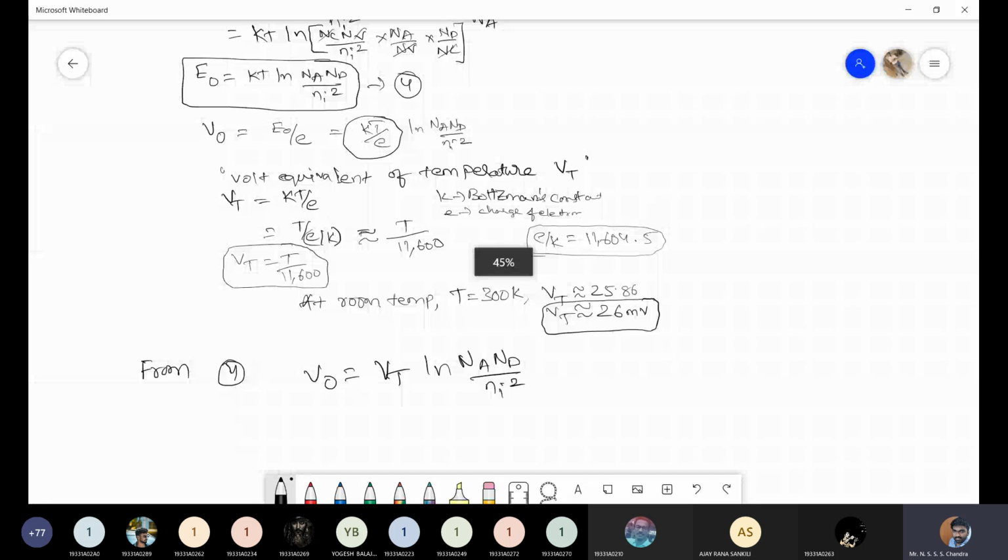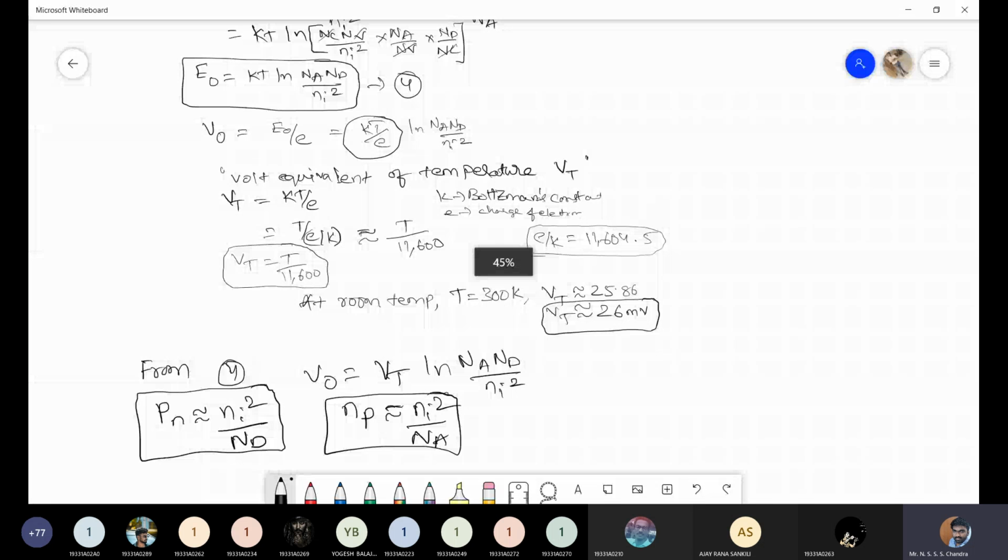In an n-type semiconductor, Pn is nearly equal to Ni square by Nd. So the number of holes on the n side is equal to Ni square by Nd. Similarly, the number of electrons on the p side is nearly equal to Ni square by Na. This we already derived in the previous classes.